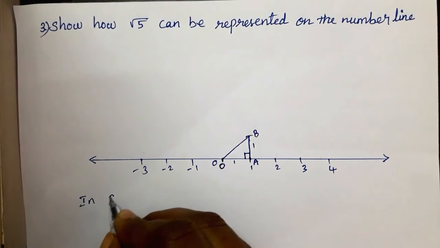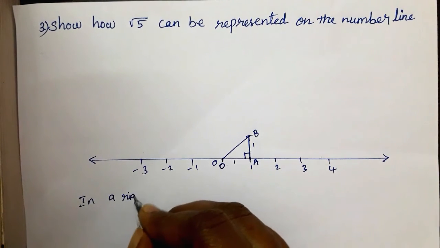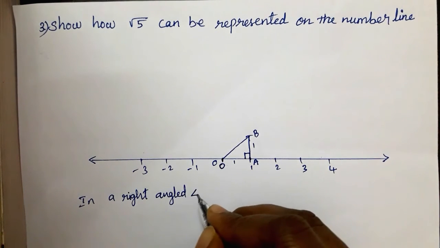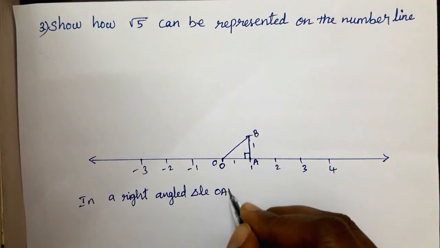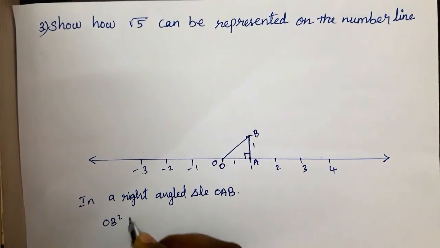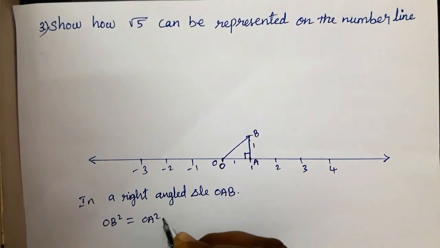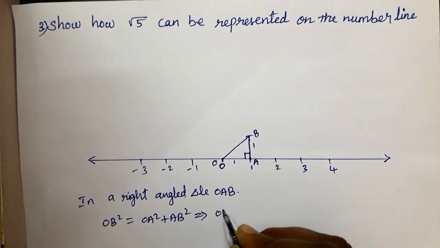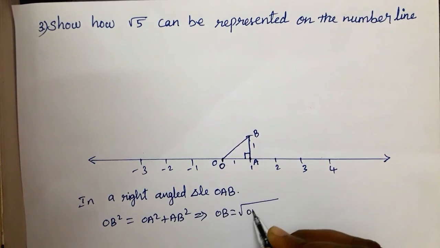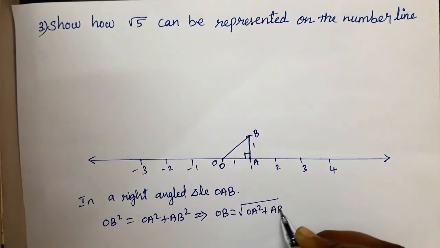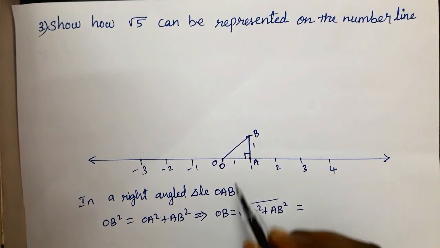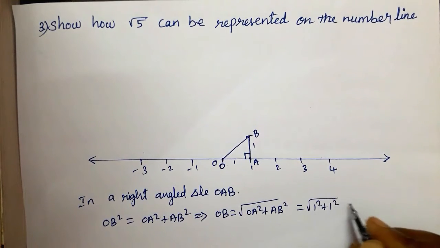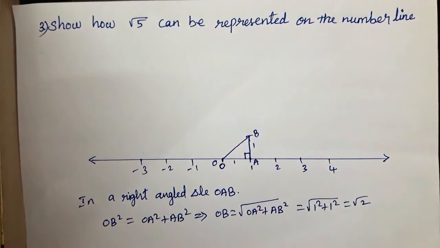Therefore, in right angle triangle OAB, OB square equals OA square plus AB square, which implies OB equals square root of OA square plus AB square. We know OA and AB are 1. So square root of 1 square plus 1 square gives root 2.